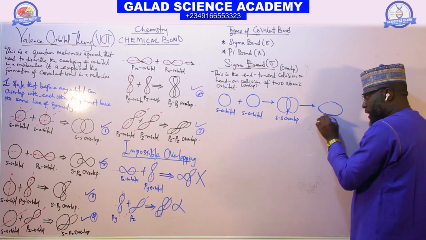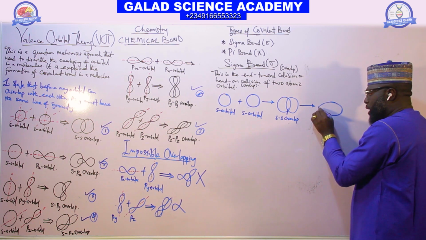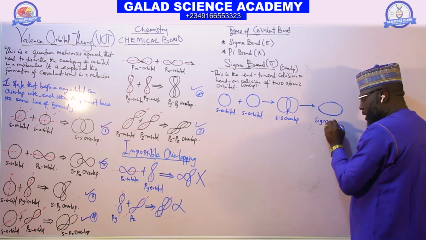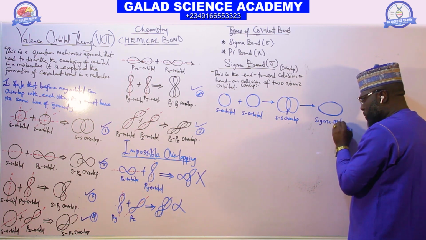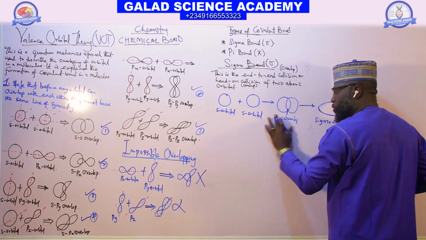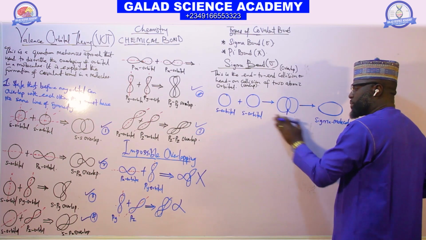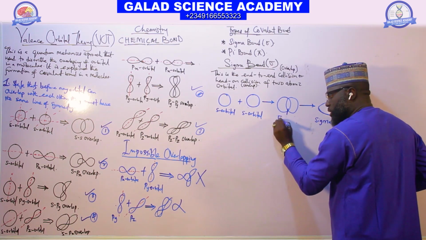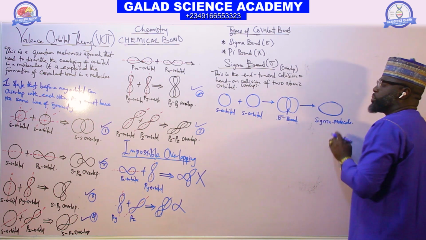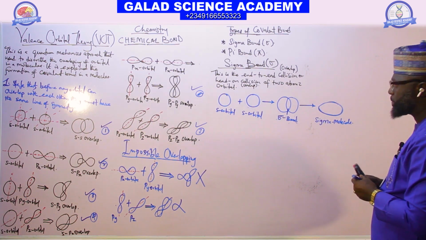So the compound that's formed here, we call it sigma molecule. And this bond here, we call it sigma bond.